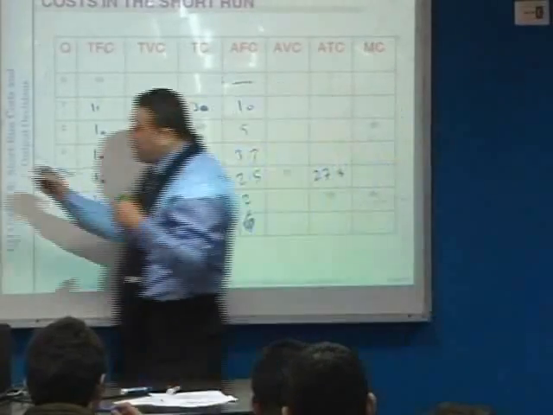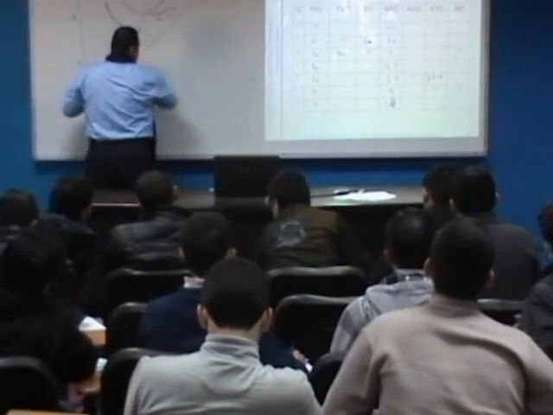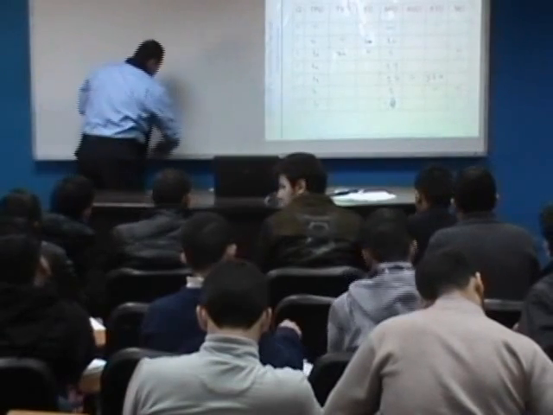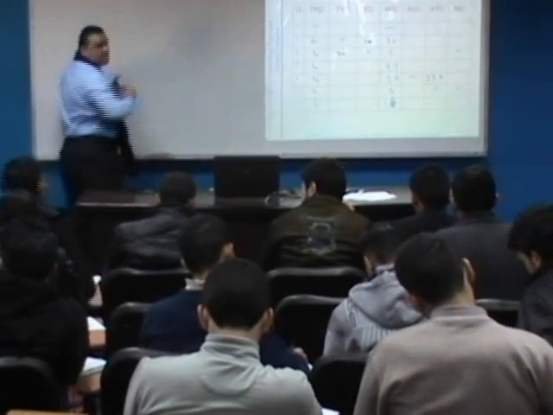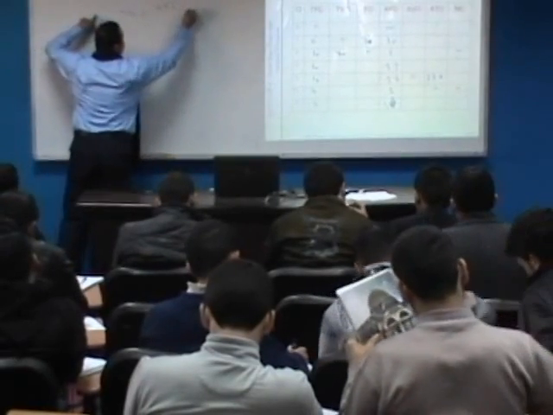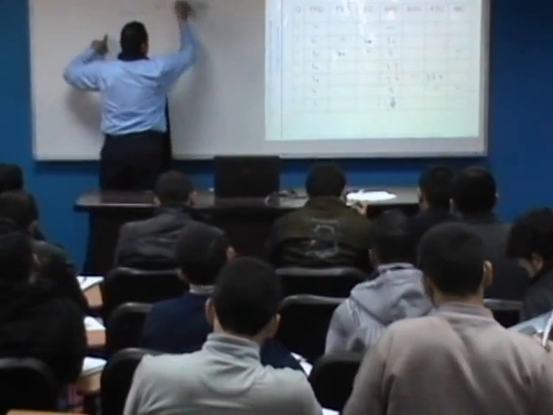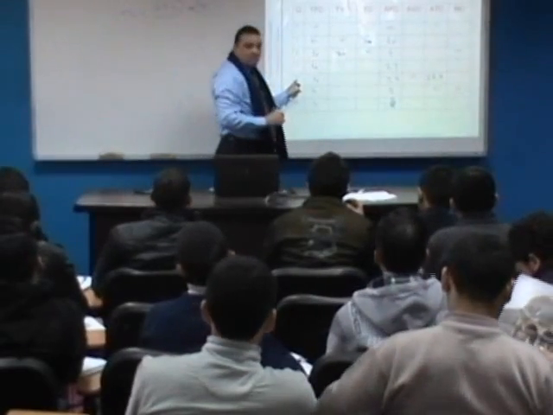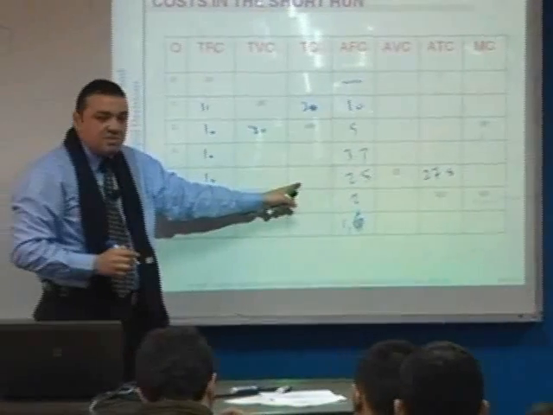Because average total cost equals TC over Q. ATC equals total cost over Q, right? So the total cost equals ATC times Q. So here we have ATC and the Q, so we can easily calculate the total cost. How much?